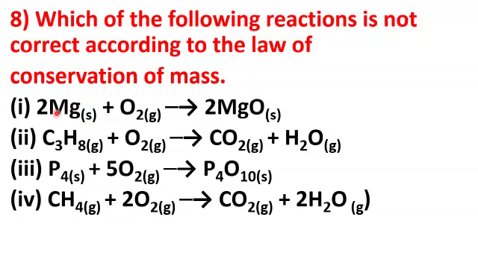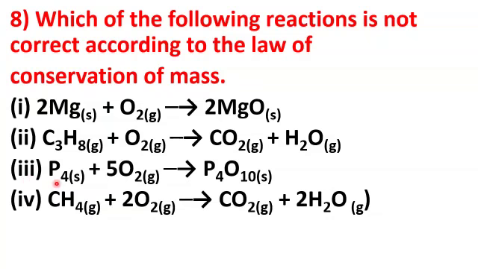First equation, if you observe, is a balanced reaction, hence it obeys the law of conservation of mass. Second reaction, if you observe, here carbon is 3, here carbon is 1, hydrogen is 8, here hydrogen is 2. So the second equation is not balanced, hence it is not correct according to the law of conservation of mass.